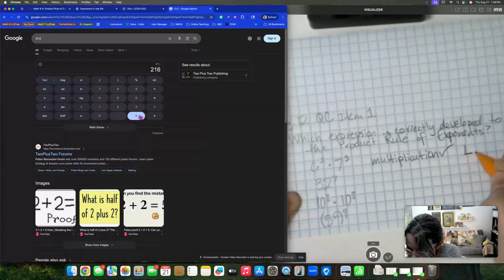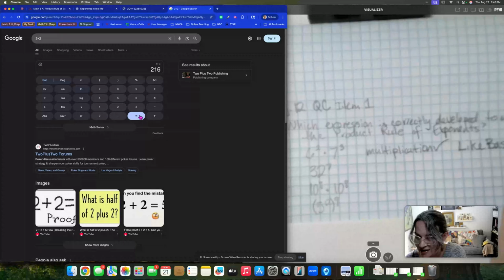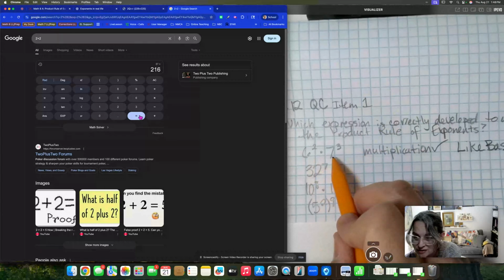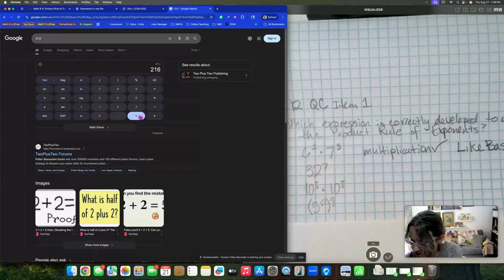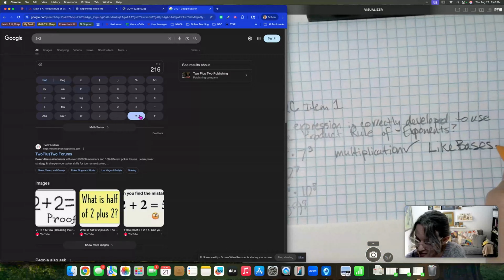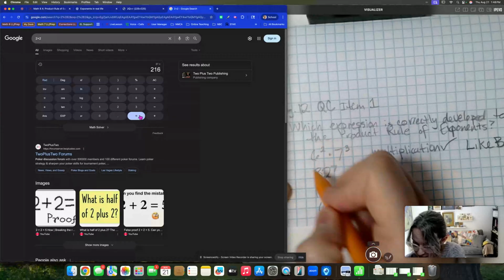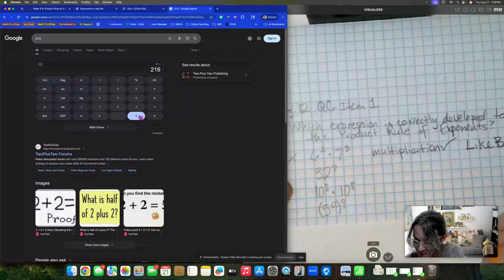Do we have like bases? Okay, and for this first one, the answer is no. The bases are 6 and 7. So like bases, not for this first one. We can't have a 6 here and a 7 here and expect to use the product rule.